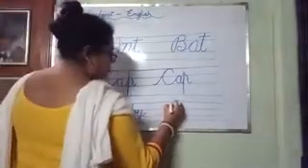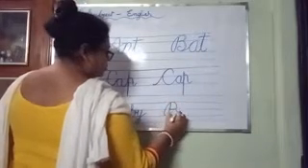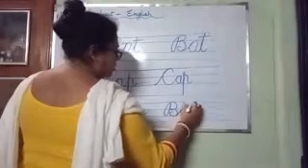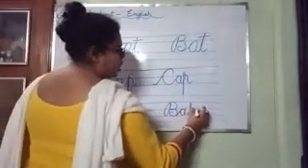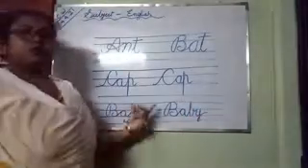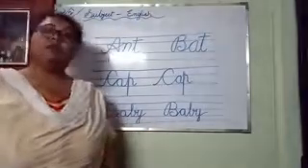Again, this is your B. Then from here A. Then again small letter B. Then Y. Baby. These two spellings you will practice in your copy.